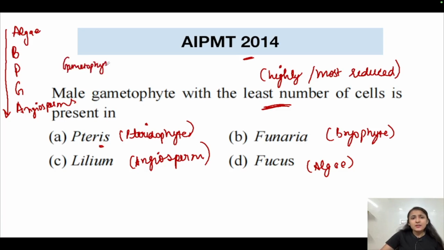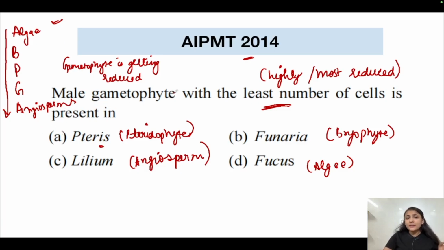In algae the gametophyte was a dominant and independent structure. As we move downwards to angiosperms, the gametophyte is getting reduced and it is becoming dependent. So in angiosperms, the gametophyte is highly reduced and dependent upon the sporophyte.